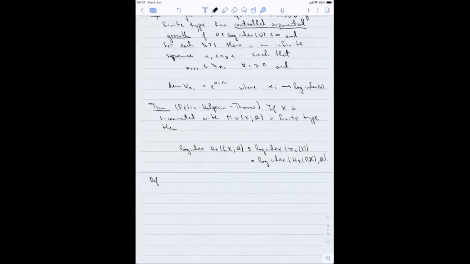Okay. So that leads to another definition of growth. Let X be a one-connected space, again with its rational homology being of finite type.